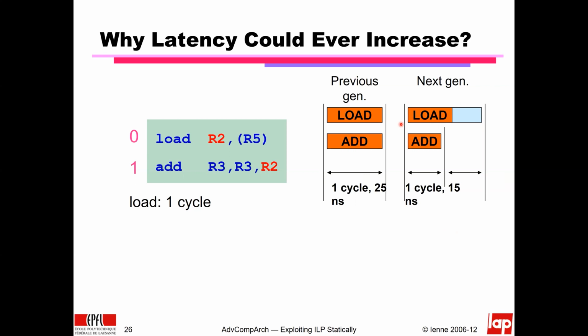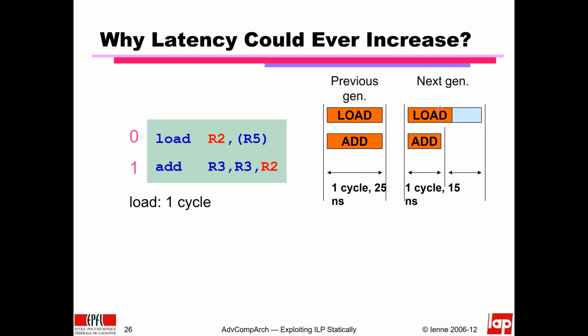it's the same type of transistors as the add, right? But it's still a circuit that is built in a different way. And therefore, maybe the add in a new technology goes faster, but faster than the load. And what may happen is that the add is what I use as a principle to define my cycle.